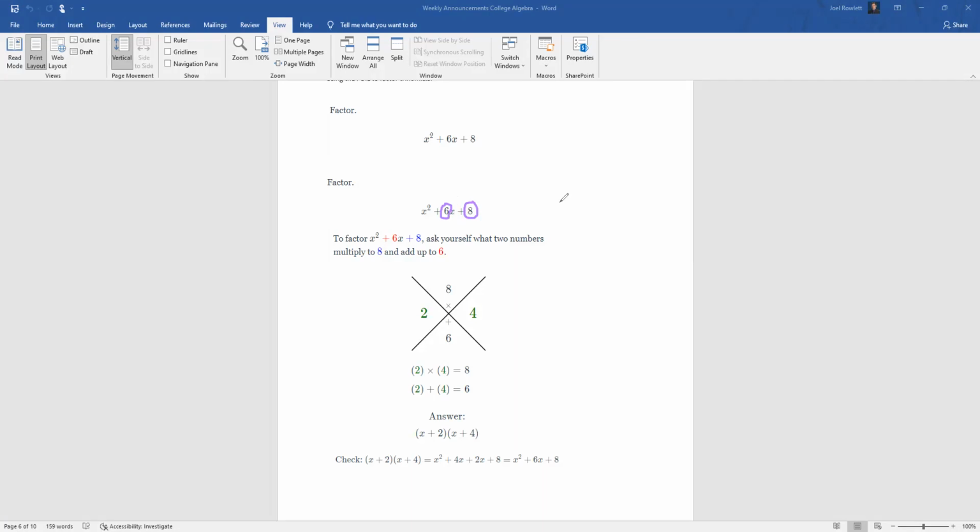And since our constant term is 8, we're going to look at all of the integers that multiply together to give me 8. So I've got 1 times 8. If you go up to 2, that gives me 2 times 4.